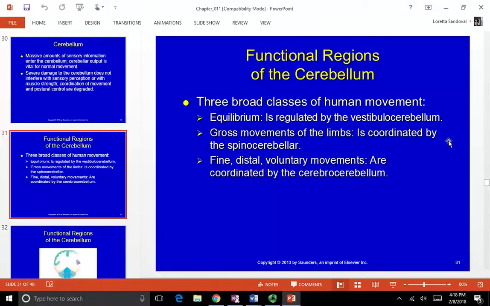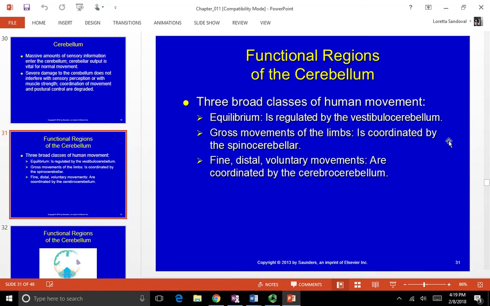There are 3 broad classes of human movement. Equilibrium is regulated by one part of the cerebellum, the vestibulocerebellum. Gross movements of the limbs, so big, large movements, are coordinated by the spinocerebellum. And fine distal voluntary movements are coordinated by the cerebrocerebellum.